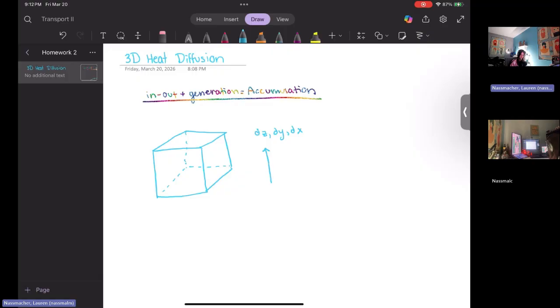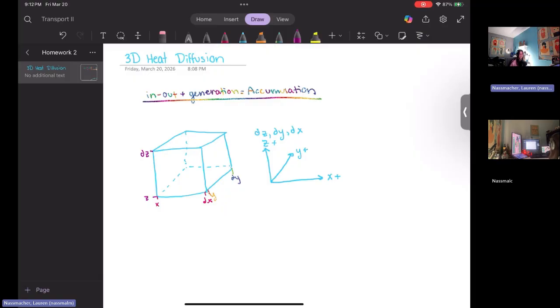If we draw that in a 2D field, we have our positive z direction, our positive y direction, and our positive x direction. If we show that on the cube, we have our change in x, our change in y, and our change in z.